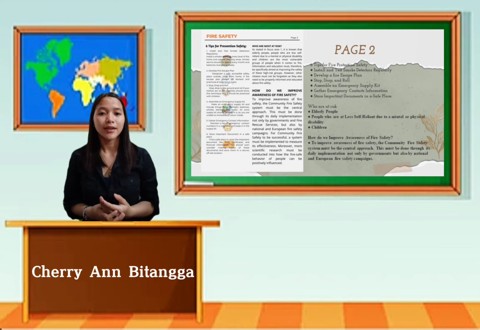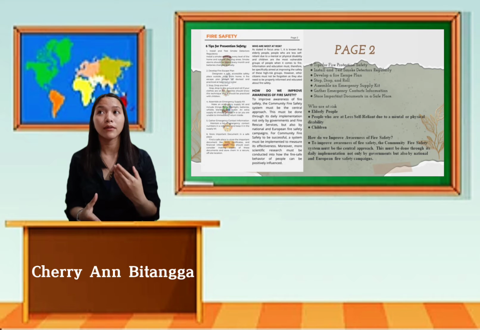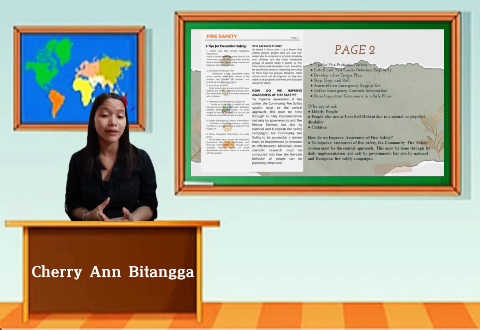Next is who are most at risk. First, elderly people. We know that elderly people have weak strength, so it is very hard for them to escape fires quickly, especially for elderly people who live alone.